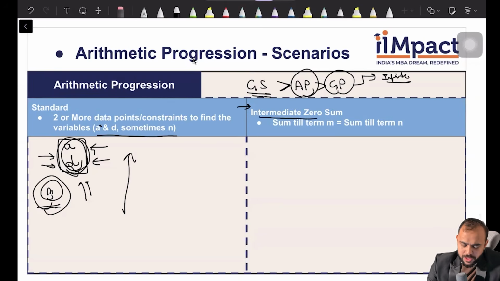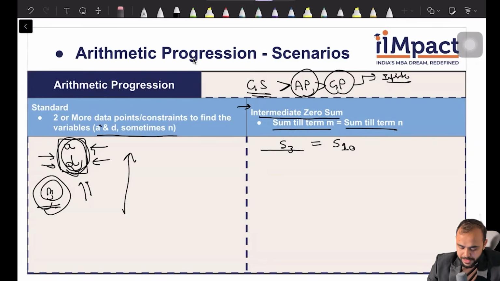Now the second situation is intermediate zero sum, which is a very nice sort of result. Let me say that there is a statement like this: the sum till term number m is equal to the sum till term number n. Let's put some values here. Let's say I give you an AP where the sum of the first three terms is equal to the sum of the first 10 terms.